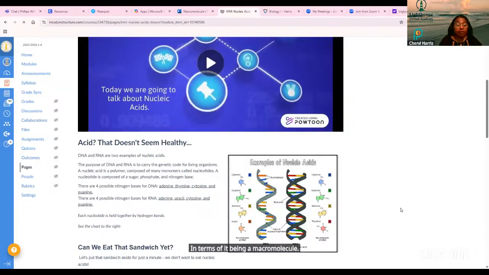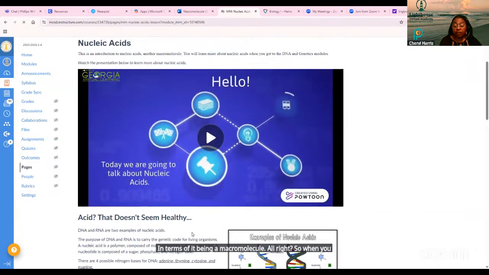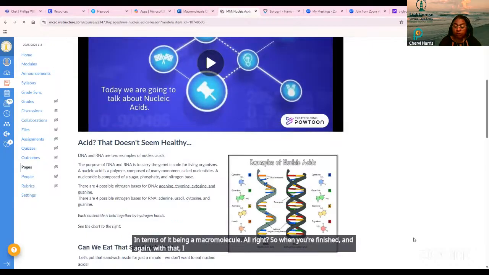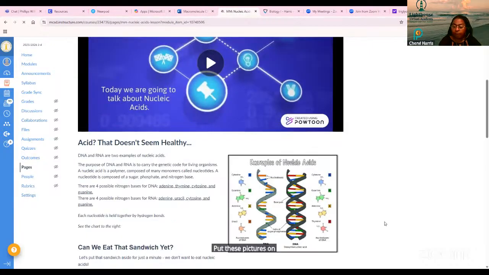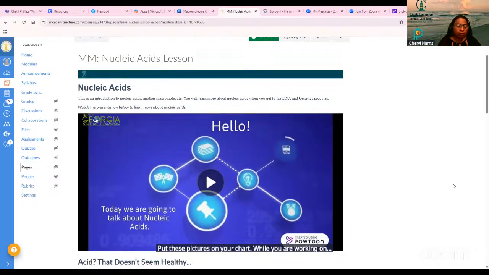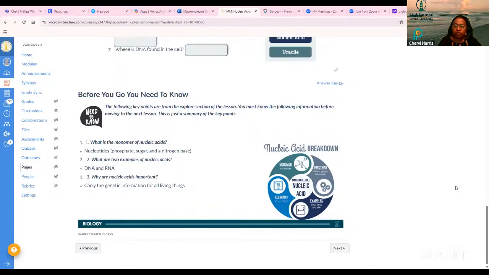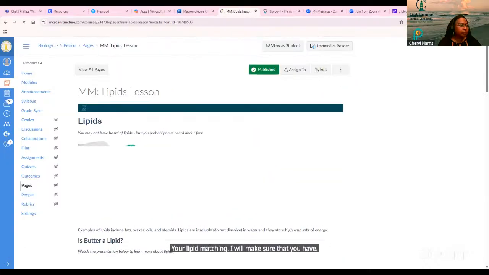All right. So when you're finished, and again with that, I put these pictures on your chart while you are working on your lipid matching. I will make sure that you have the other pictures in.